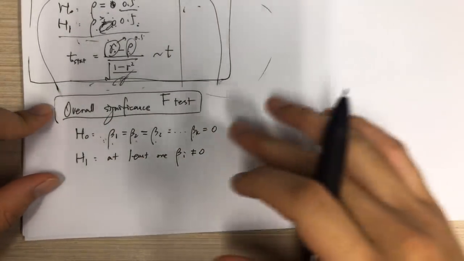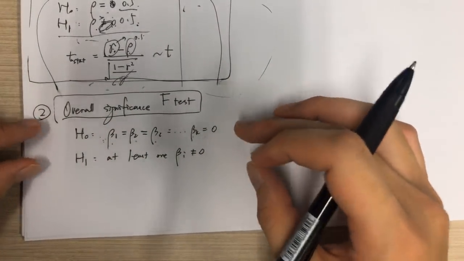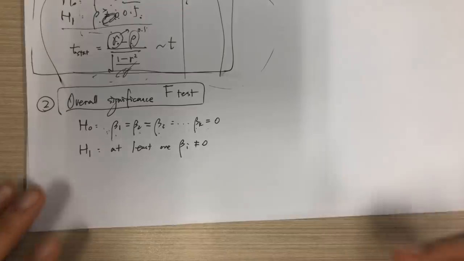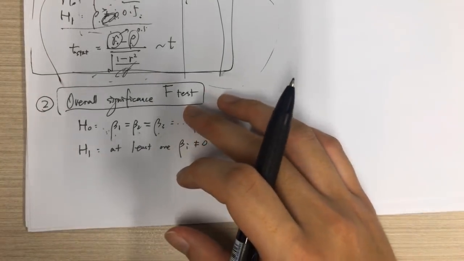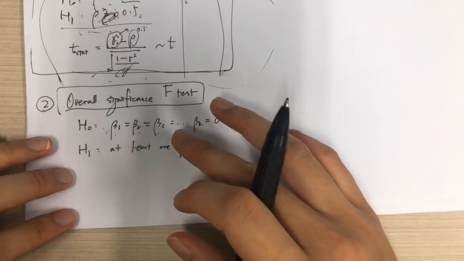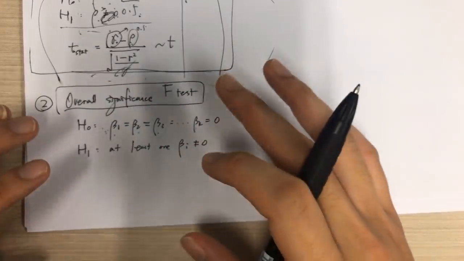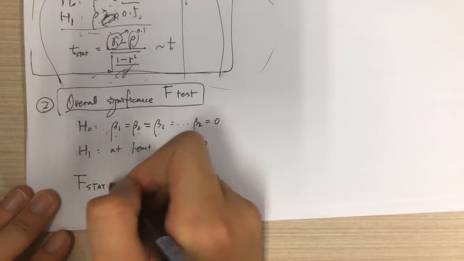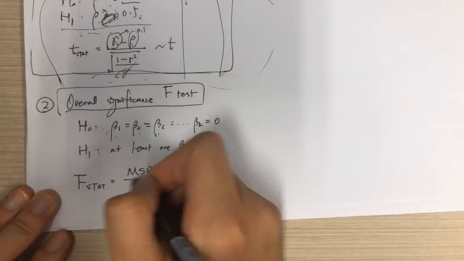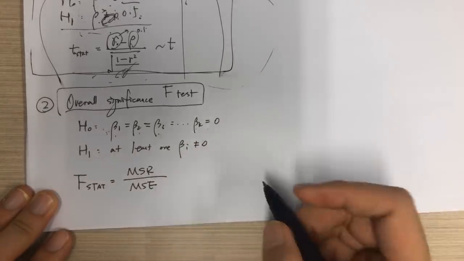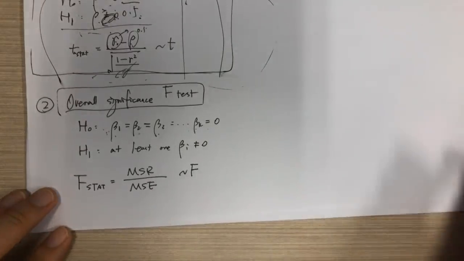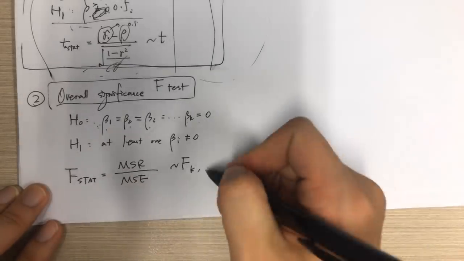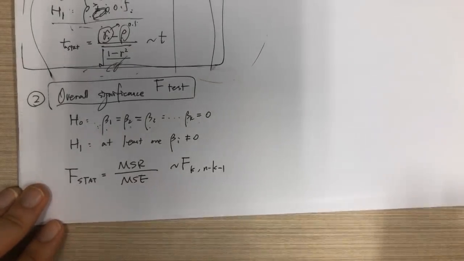And some of you have mentioned you can observe that from this ANOVA table in your Excel output, right? As you don't have Excel access in your final exam, all the output, or at least part of the output, will be given, all right? And the test statistic F statistic is calculated by MSR over MSE, okay? And it follows the F distribution with the MSR's degree of freedom k and MSE's degree of freedom n minus k minus 1, all right?